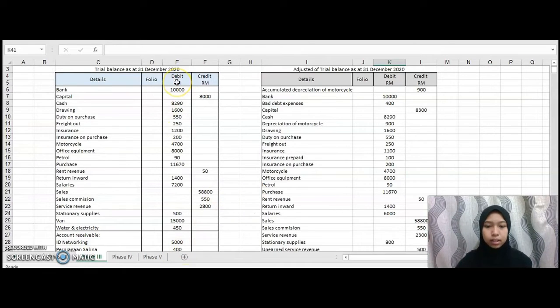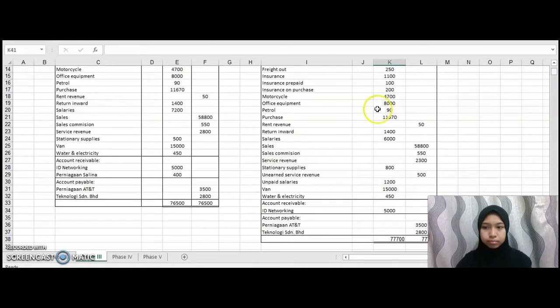debit side. And for capital account with 8,000 ringgit, rent revenue 50 ringgit, sales 58,800 ringgit, sales commission 550 ringgit, plus service revenue 2,800 ringgit, account payable for perniagaan AT&T 3,500 ringgit, and account payable teknologi sendiran berhad 2,800 ringgit are at the credit side.